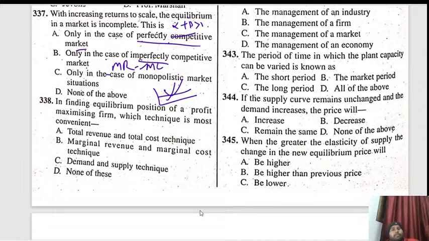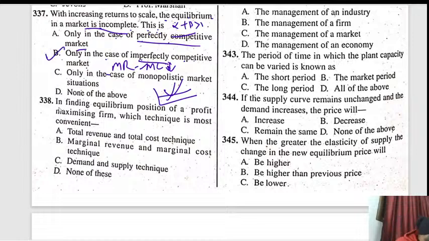So where MR is equal to MC, this is the equilibrium point, and when increasing return to scale takes place, marginal cost will come down. So equilibrium is incomplete. This will be, I think, in the case of imperfect competition only.